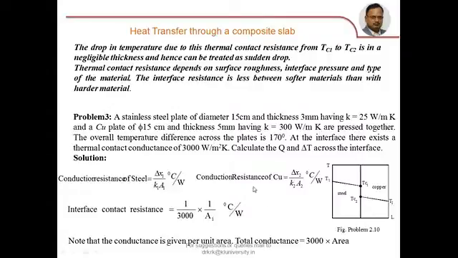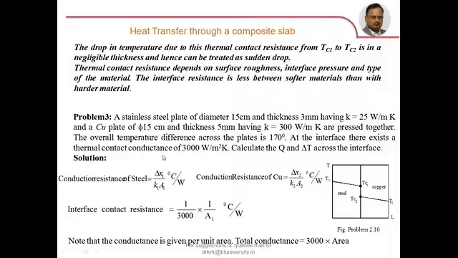Now let us have a problem. A stainless steel plate of diameter 15 centimeters and thickness 3 mm and a copper plate of same diameter but thickness 5 mm are pressed together. The overall temperature difference across the plates, that is from T1 to T2, is given as 170 degrees.